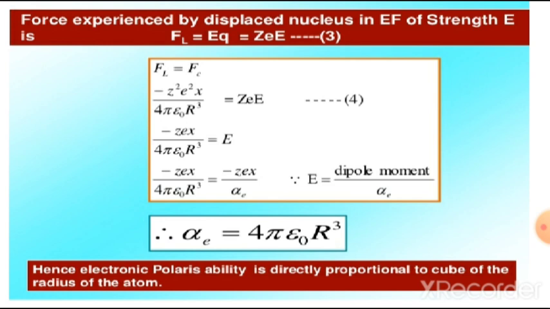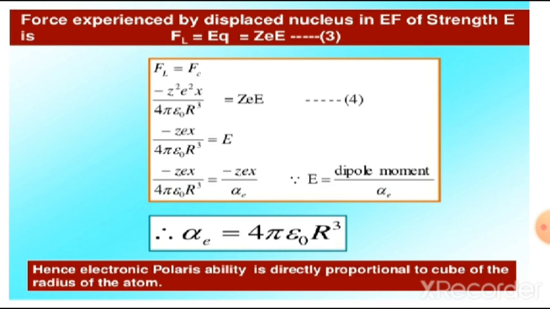Since we know that E is equal to dipole moment by alpha suffix e, and substituting in the above equation, minus Ze x by 4 pi epsilon naught R cube is equal to minus Ze x by alpha e. So after all the calculation, alpha e is equal to 4 pi epsilon naught R cube.